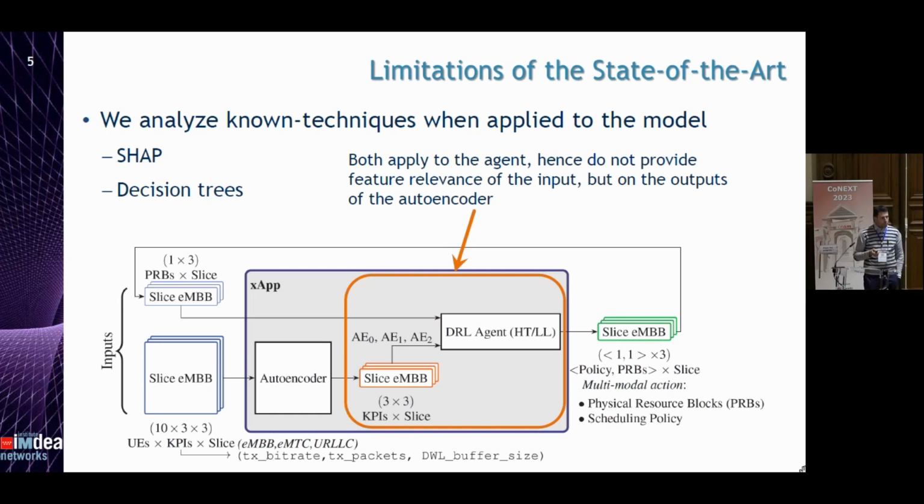So basically, I started developing what I was mentioning before, very well-known techniques. SHAP is one, and decision trees. Let's start looking at decision trees. So we have this agent, and you have your input. If you want to understand why a certain action is being taken, you want to understand which inputs have generated a certain action, right?